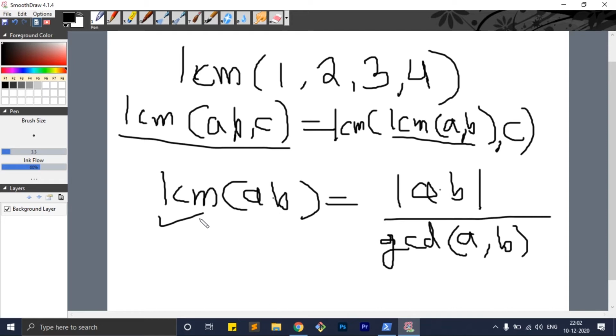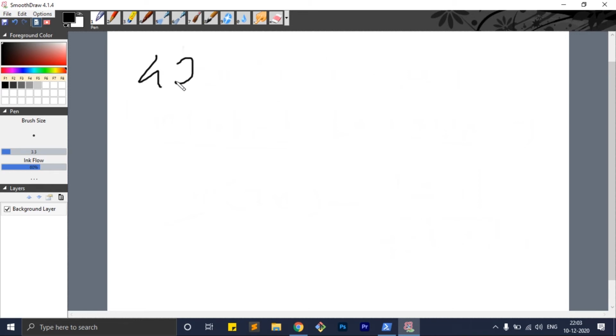So what is GCD? GCD is taking the greatest common number we can take from both numbers. For 42 and 56, the GCD of both these numbers will be 14, I think.